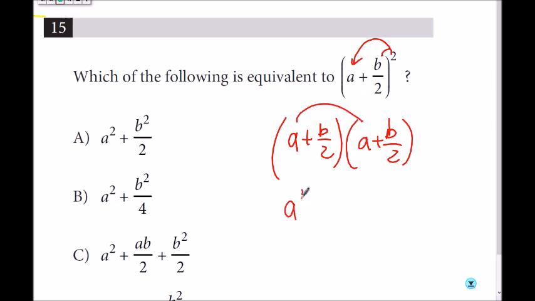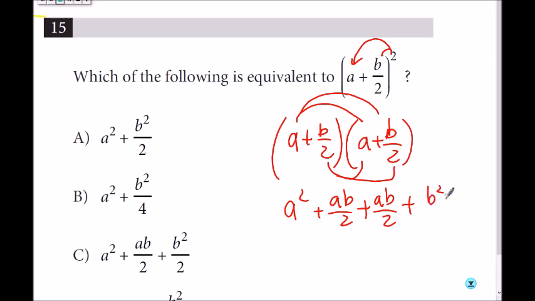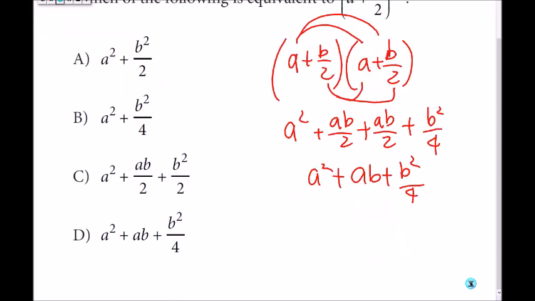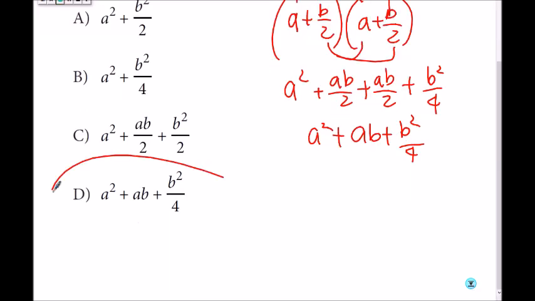So I get A squared plus AB over 2 plus AB over 2 plus B squared over 4. So half of that plus half of that is just AB, plus B squared over 4. So I get D.